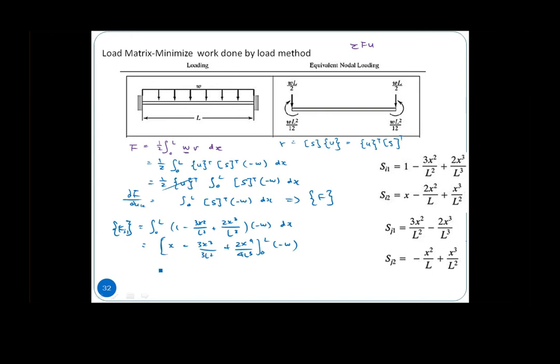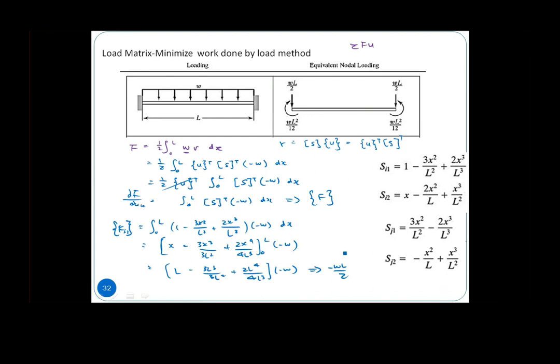Okay, so we end up with L minus 3L cubed over 3L squared, plus 2L to the power of 4 over 4L cubed. So we end up with this equal to negative WL over 2.